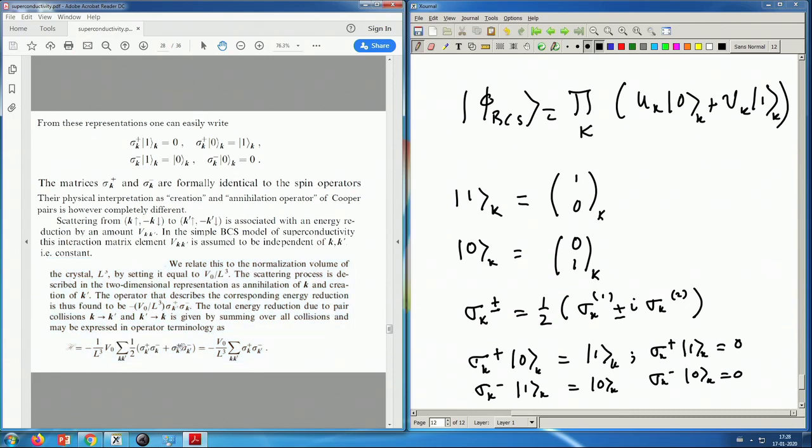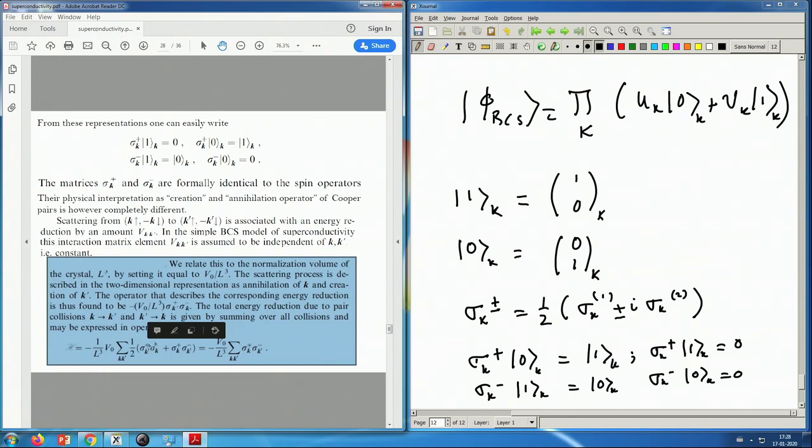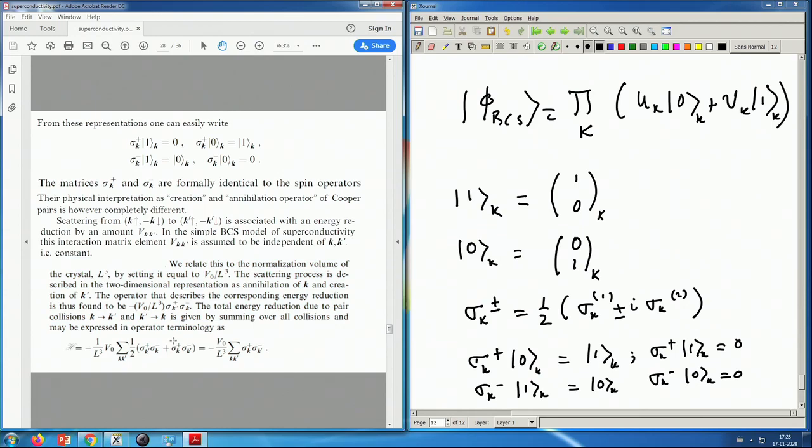For example, if you look at this, half σ_k'^+ σ_k^-, what does it do? It just destroys a pair at k, annihilates a pair at k momentum, that means k, minus k, and it creates a pair at k', which means k', minus k' is now occupied, and this is the Hermitian conjugate of that.